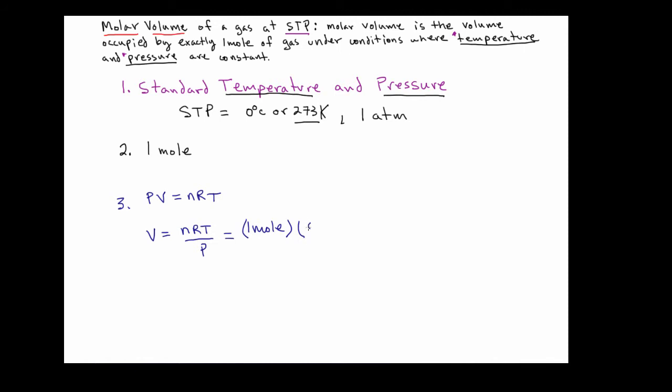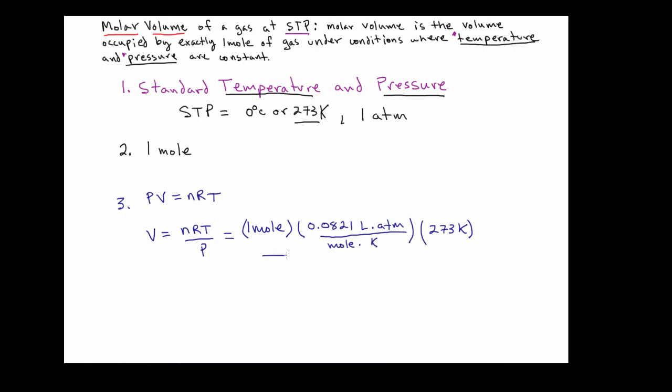The gas constant is 0.0821, okay, and then look at your units, liters times atmospheres divided by mole times Kelvin. All right, our temperature is at 273 Kelvin.